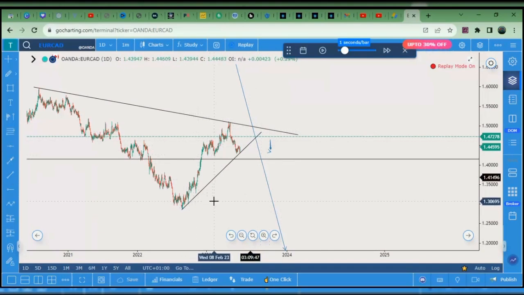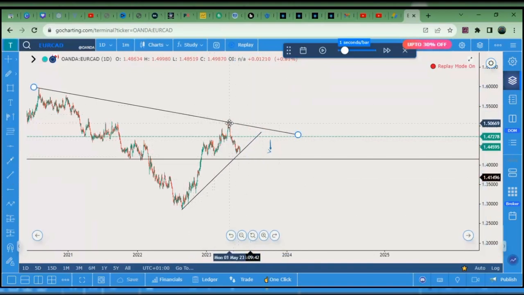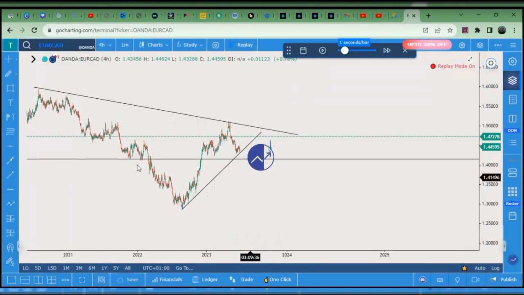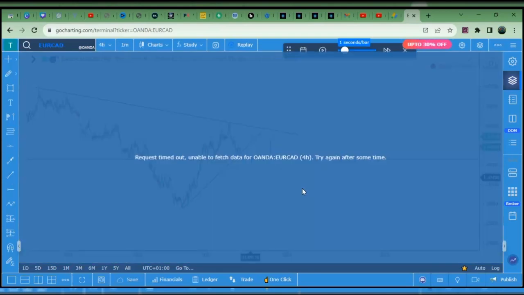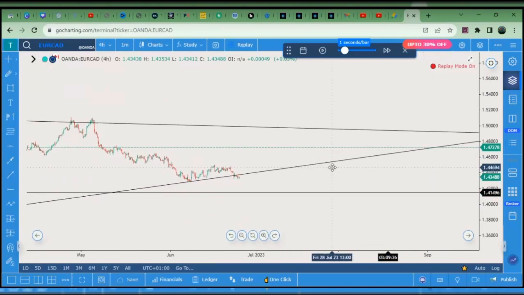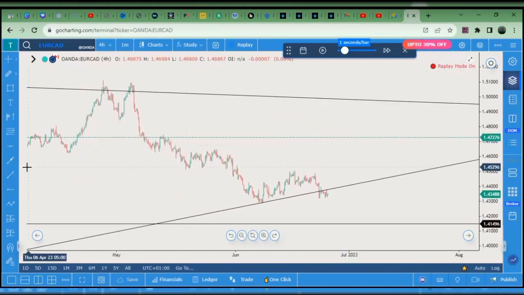But do you know that if you view from here to here in a lower time frame, let's go to the 4 hour time frame, you will see that it was a downtrend and you should have been looking for good selling opportunities.